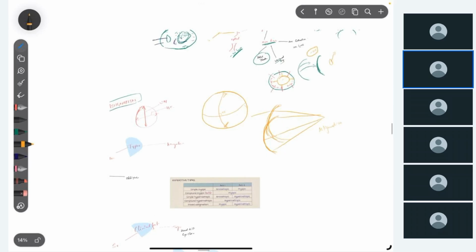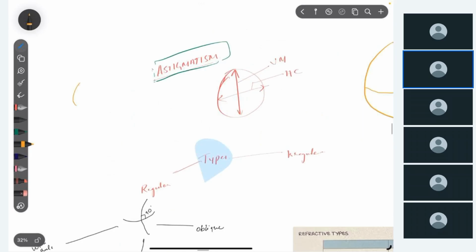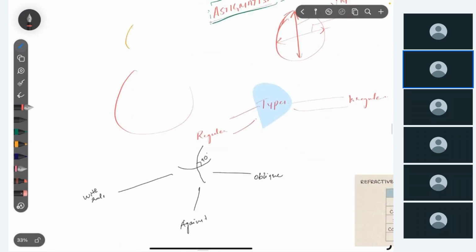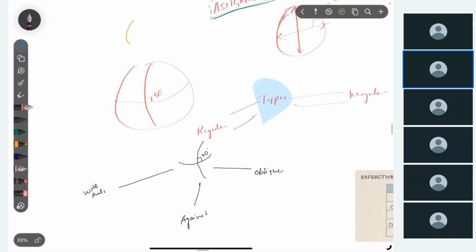Then you have types of astigmatism. There is regular type and there is irregular type. I told you that there are two meridians, that is vertical and horizontal. They are always 90° to each other. In a regular astigmatism, they will be at 90° to each other. But the problem is, one of them will be more curved.